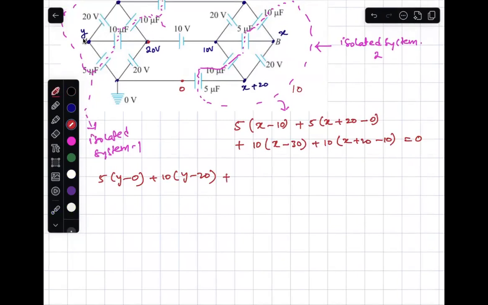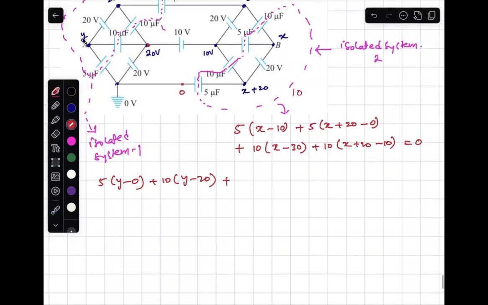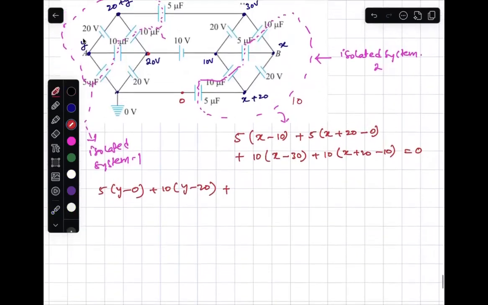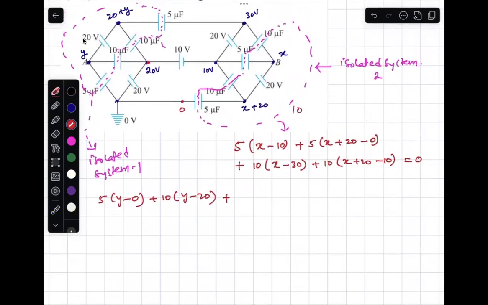Next, 10 into... there is another 10, where? This part. 20 into y plus 20 minus 20. I am taking for this part. Okay.